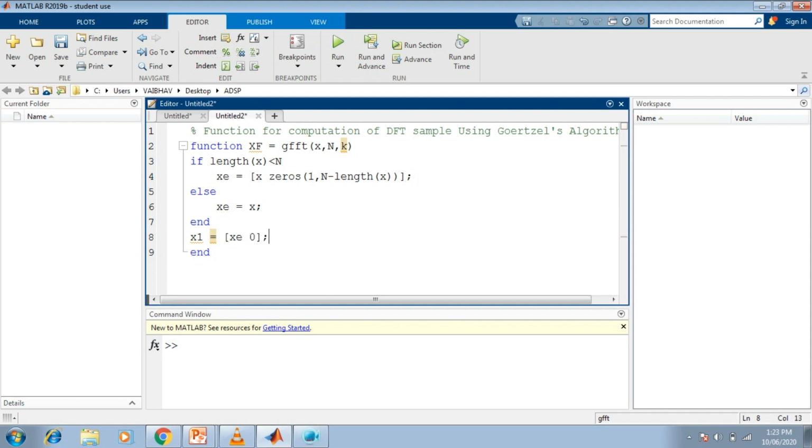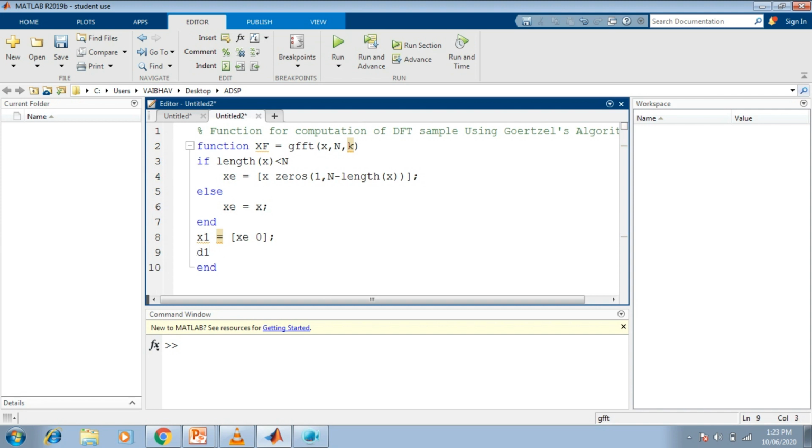Now we have the d1 component here. The d1 component we can define with 2 multiplied by the trigonometric function cosine, which has within the parenthesis 2 multiplied by the constant pi multiplied by the DFT index variable small k, divided by the total number of DFT samples, capital N.